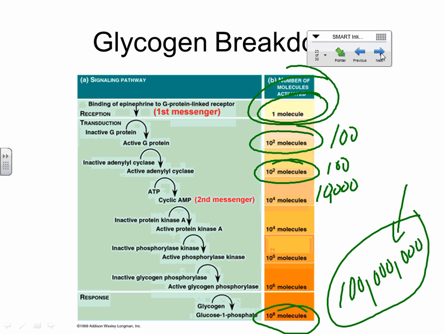That's pretty serious amplification. And that happened through this whole signal transduction pathway. And then the final step of cell signaling is to get some kind of response. And in this case, the response was to break glycogen into glucose. Does that make sense?